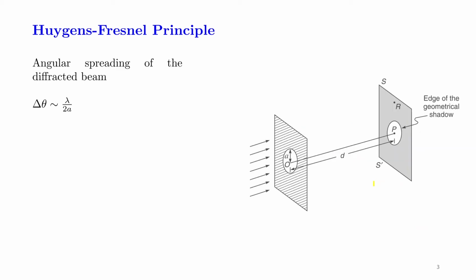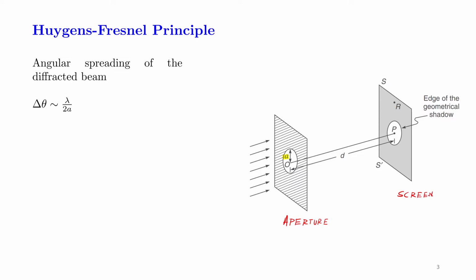In order to appreciate the implications of the Huygens Fresnel principle, let us consider the incidence of a plane wave on a circular hole of radius a. So this part of the setup forms an aperture, and this part will form the screen.